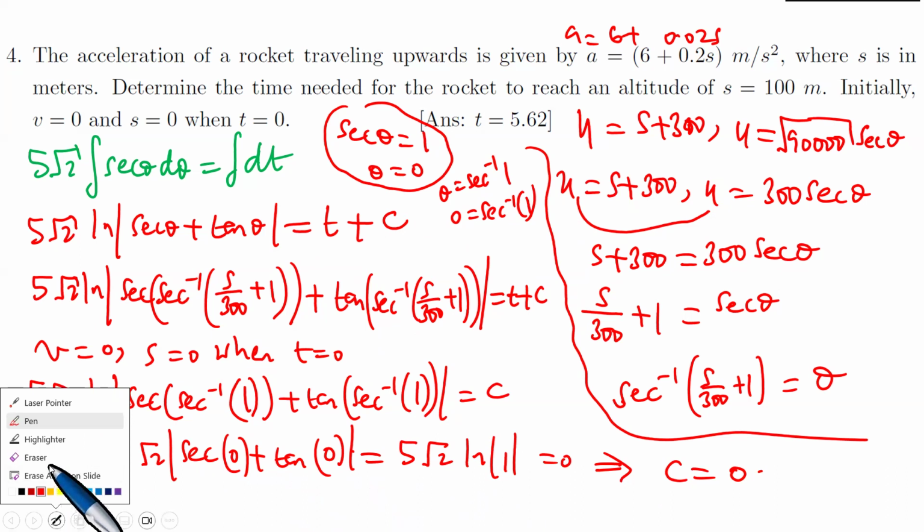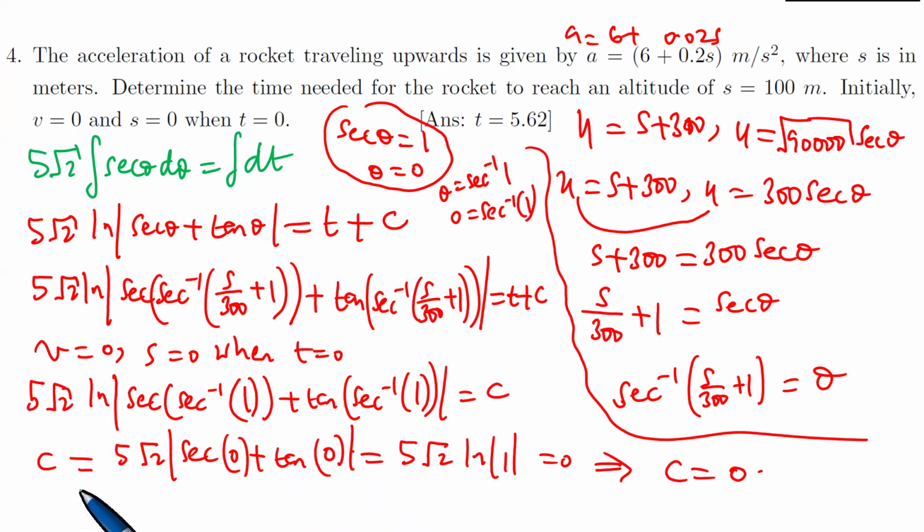Now, if the constant is 0, then we're good. Then we come here and we plug everything at this point in this particular equation, and we have exactly what we want.